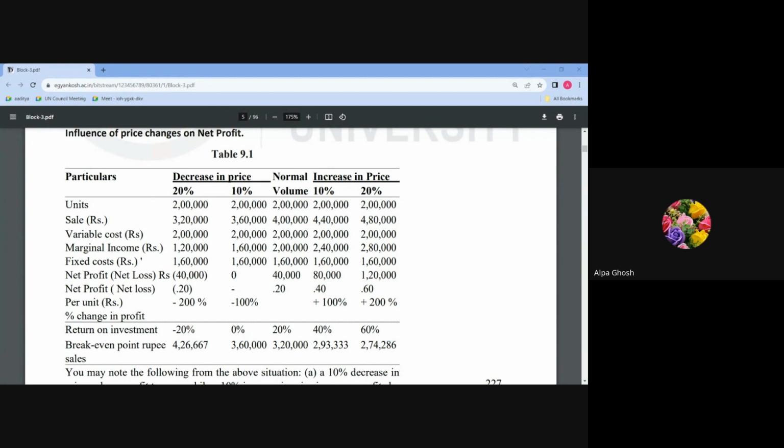In decrease, we take the lower value. From total value, we deduct the decrease percentage. And when it is increase, in the normal value, we add the increased percentage. This is the way how we deal with it. If it is a decrease, it will be minus normal. If it is increase, it will be plus normal.